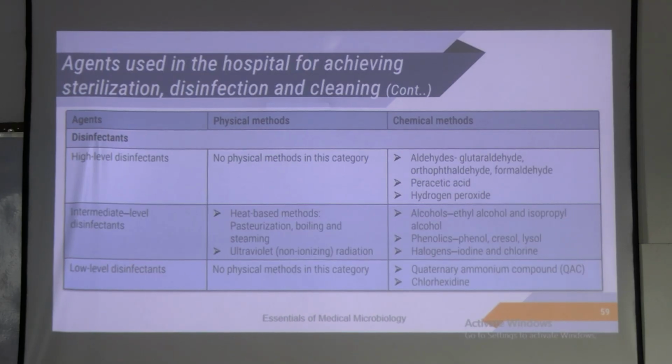So these would include alcohols, phenols, and halogens. Halogens would include iodine and chlorine. I think you have heard about chlorination of water, and we also use tincture iodine on skin before any procedure. We prepare the skin. And finally, in the low level disinfectants, we have quaternary ammonium compounds, including chlorhexidine. You have seen mouthwashes, Listerine mouthwashes, they contain chlorhexidine.